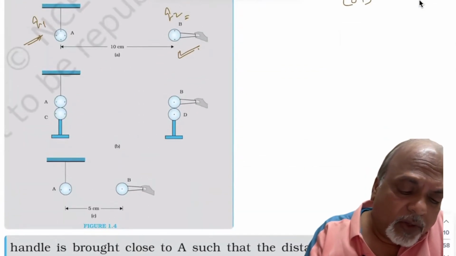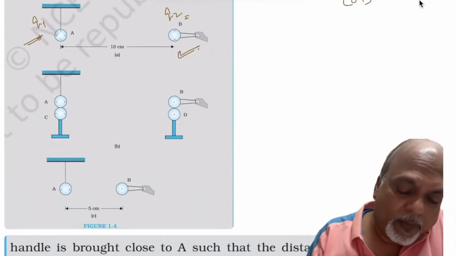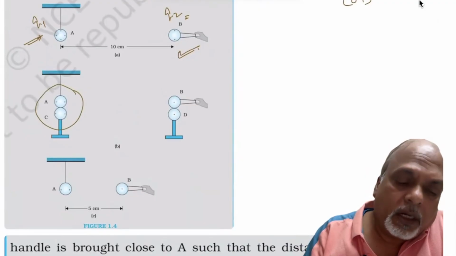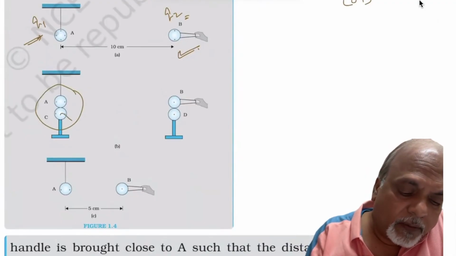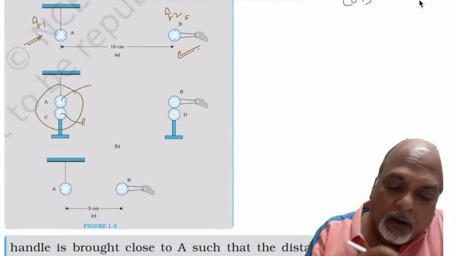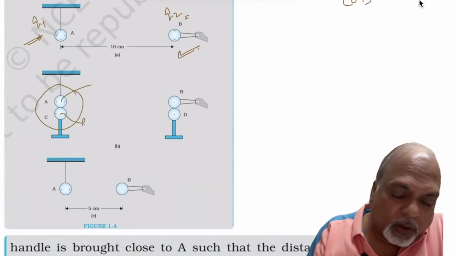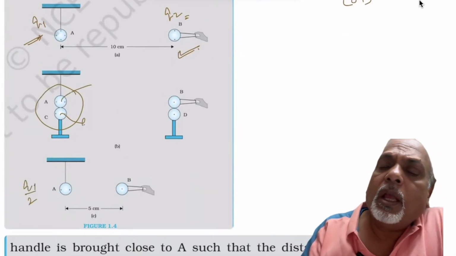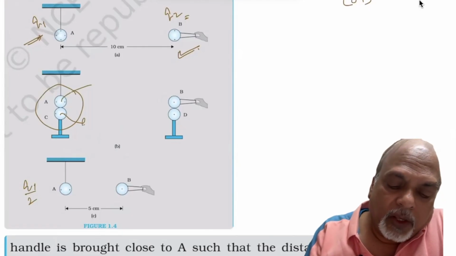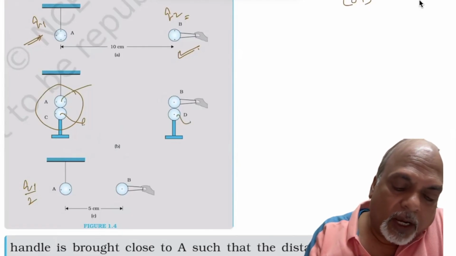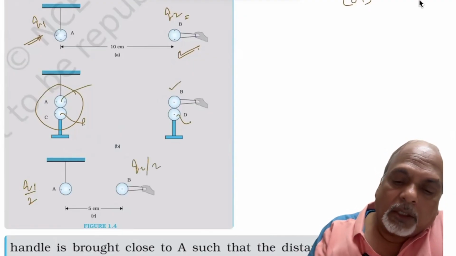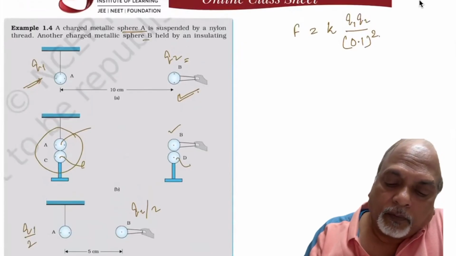So now when these are touched, what will happen? When these two are touched, this is uncharged, this is charged. So what will happen? It will have half the charge. In this case also, this is uncharged and this is charged. If you touch them, this will also become half. Now what is the force?